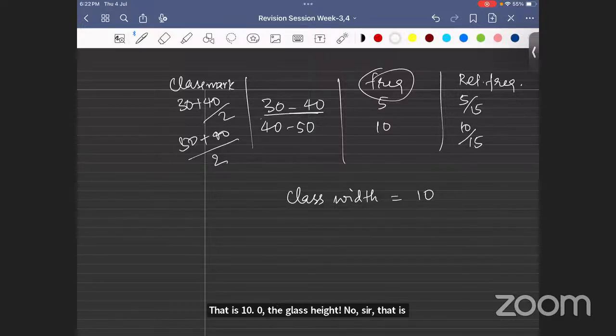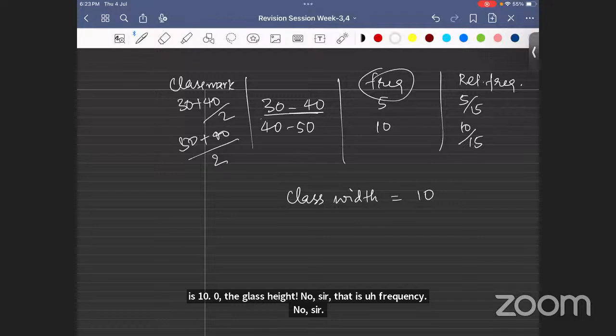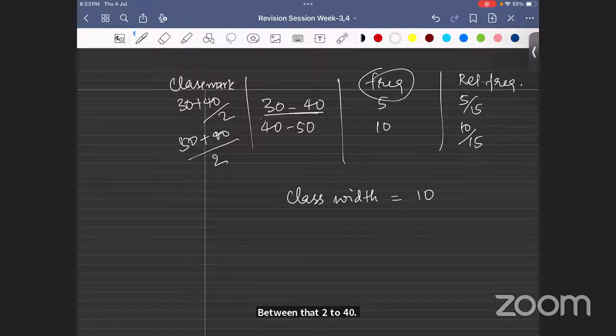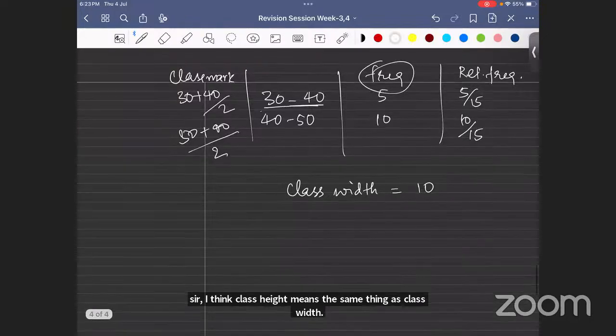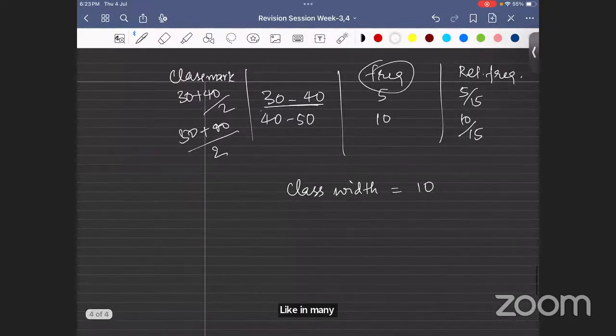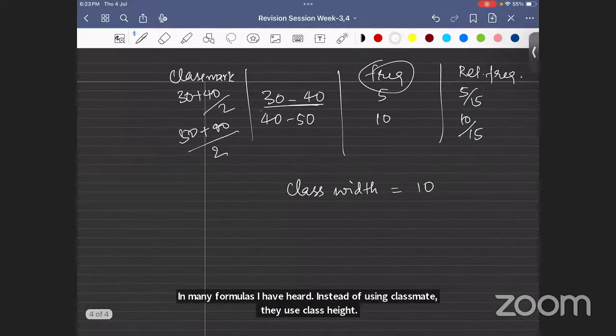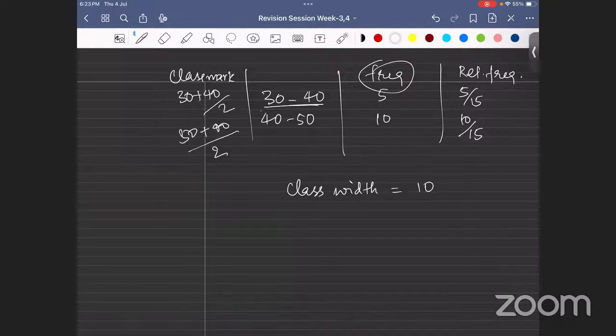No, sir, I think class height means the same thing as class width. In many formulas I have heard, instead of class width they use class height. I don't know where it has been written, but I'll have to check. Can you tell me the questions where it has been written as class height? No, sir, there's no question about class height.